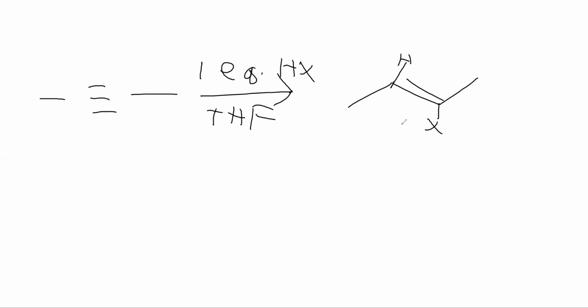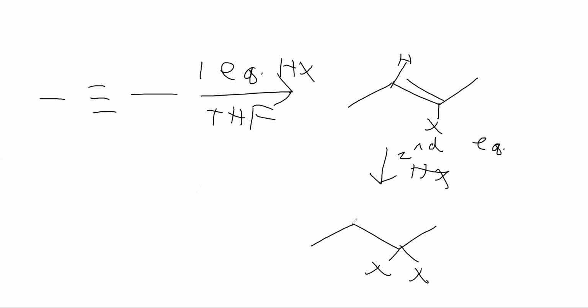So one equivalent of HX just leads to the halogen adding wherever. And then if you add a second equivalent of HX, it's just going to form an alkane, and it's going to add the halogen to the same position it did before. But again, like which position it chose, you can't tell just by looking at it, so it would probably lead to a mixture of both.